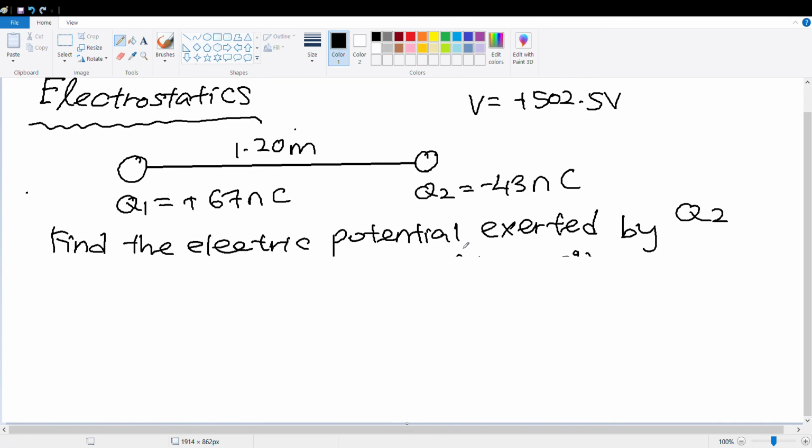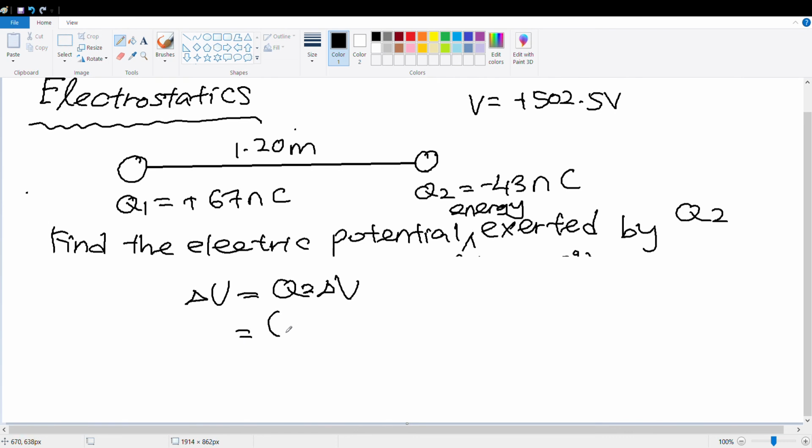So this one shall be energy. The electric potential energy, which is delta U, is actually equal to QV. This Q is actually Q2 because the aim for us is Q2.